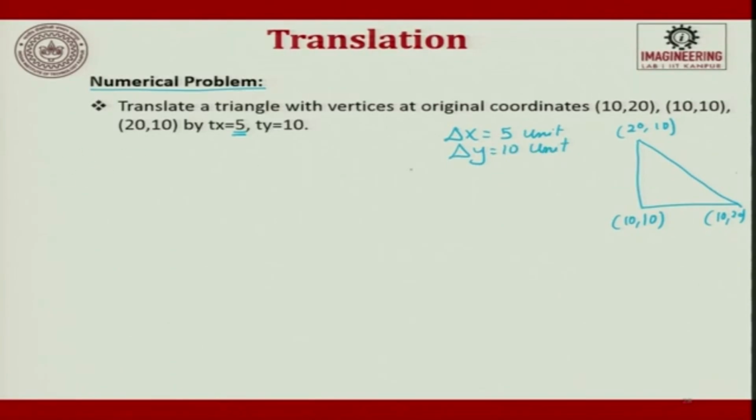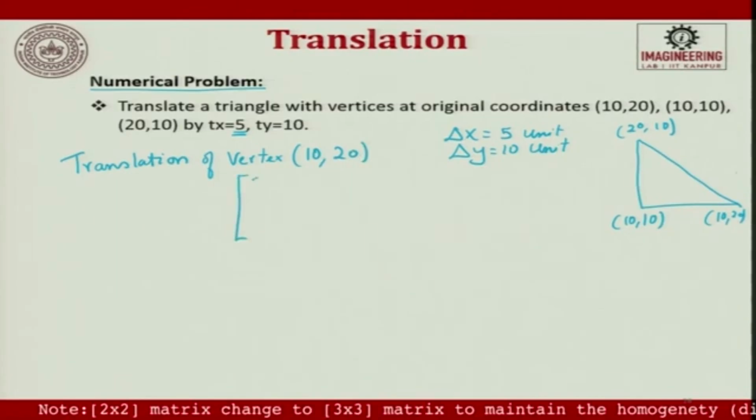Now let us write down the translation matrix. For the point 10, 20, x dash y dash 1 is the new point, and we transform it with the matrix 1 0 5, 0 1 10, 0 0 1.